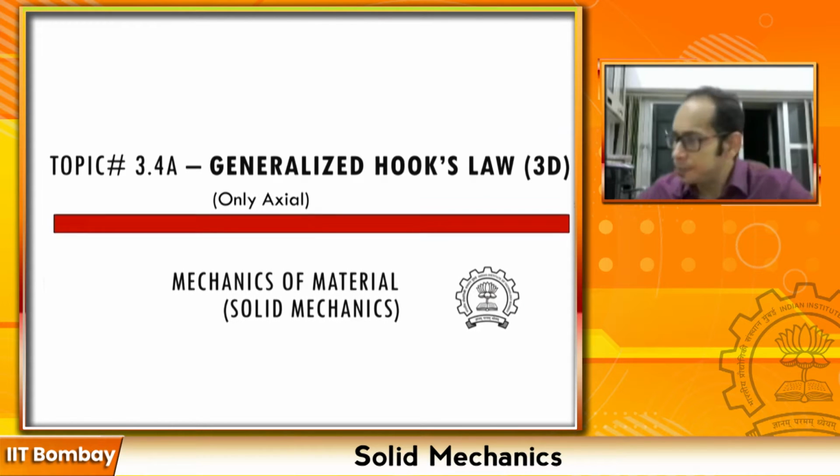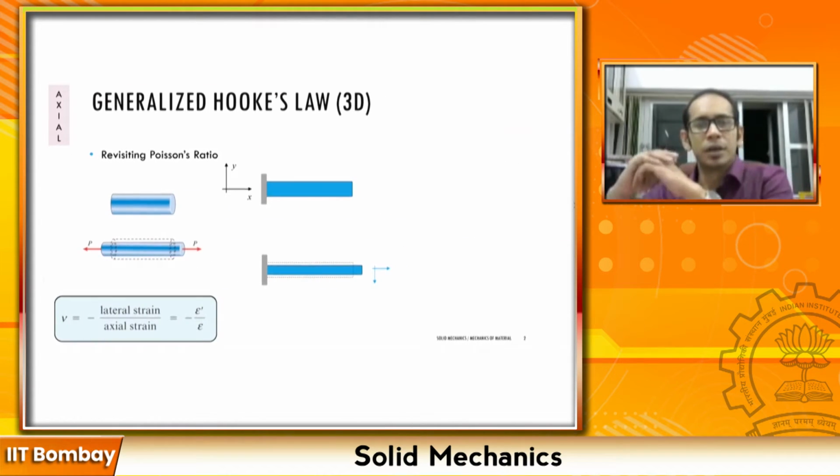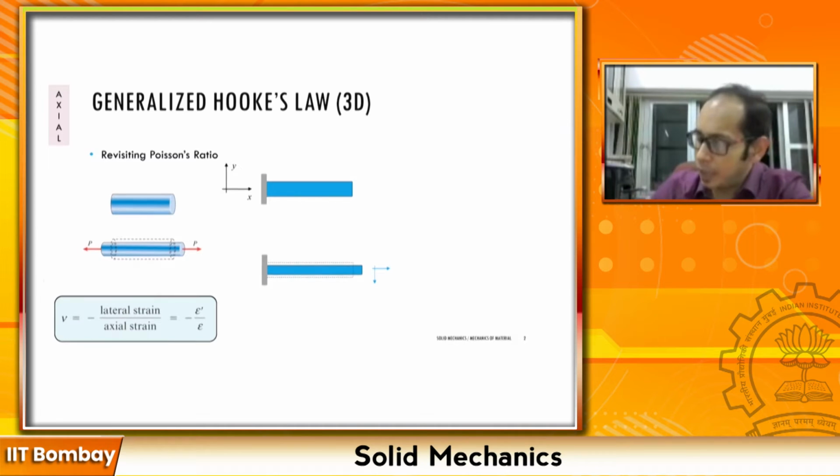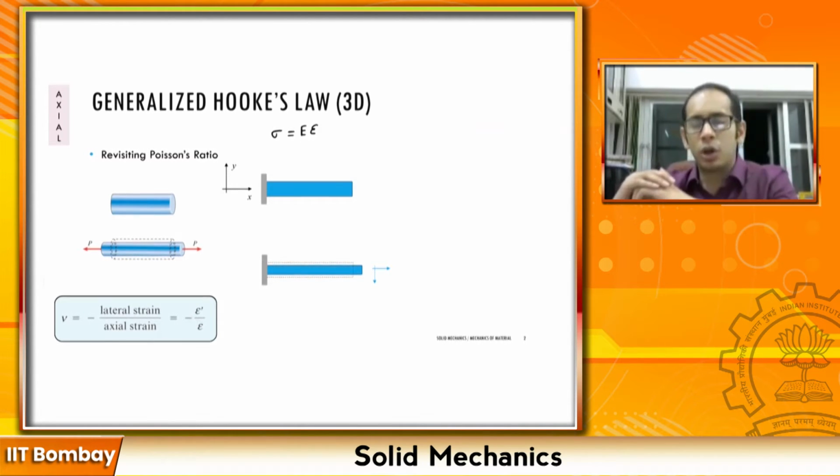So to begin with, let's look at the thing which we are familiar with, that is the one-dimensional Hooke's law, right? If you recall, our sigma, which was our normal stress, was equal to E times epsilon, the normal strain, right? And while we were discussing Hooke's law, we also discussed one more important concept, the Poisson's ratio.